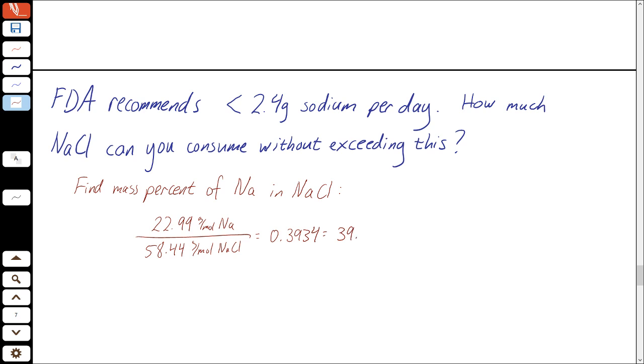So that's 39.34% sodium in sodium chloride.